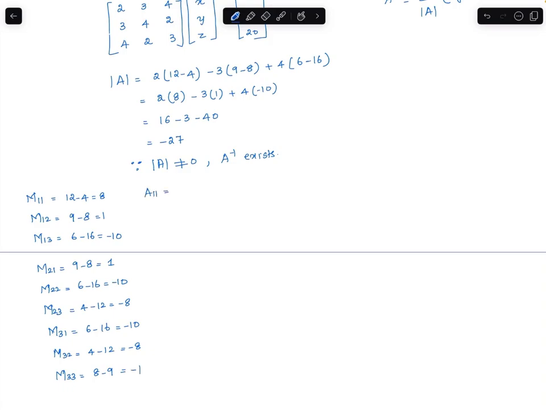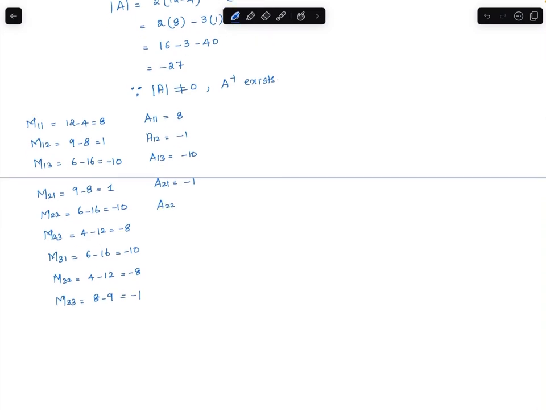A11 is minus 1 to the power 1 plus 1 times M11, so it is 8. A12 is equal to minus 1. A13 is equal to minus 10. A21 is minus 1.